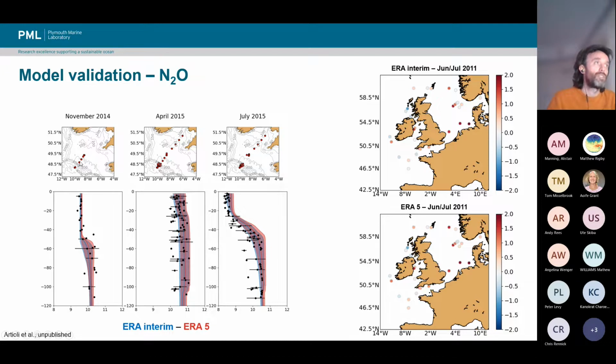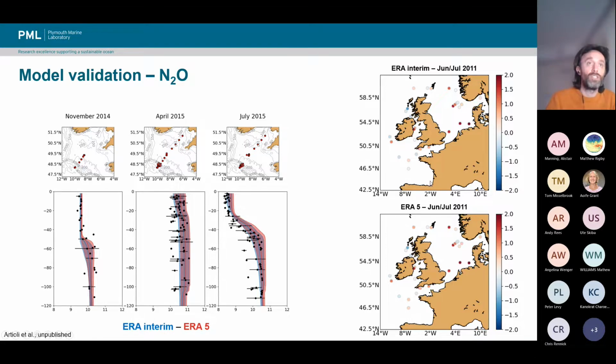There are different stations in the Celtic Sea during winter, spring and summer 2014-2015, and throughout the water column. The red simulation is the ERA5, the blue is the ERA Interim. As you can see, they both replicate the data quite well, and there is not very much difference in this location.